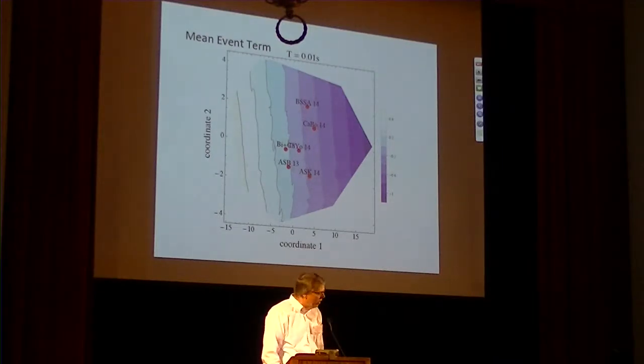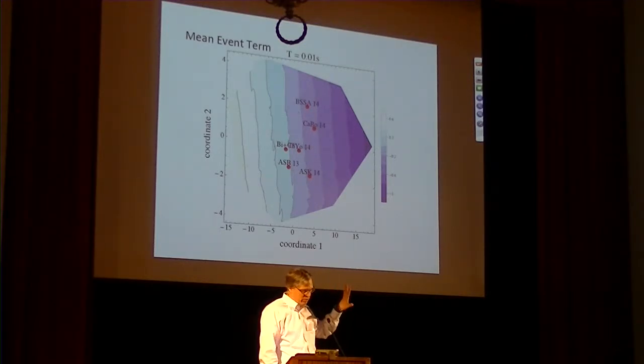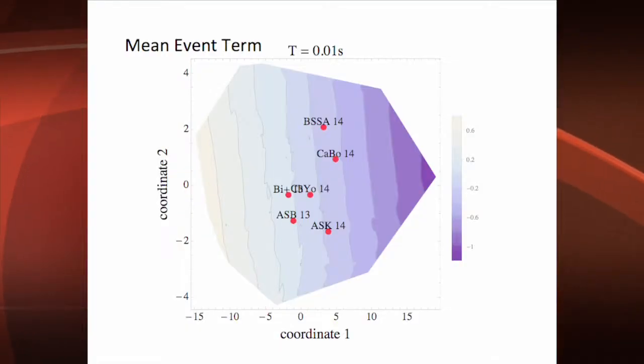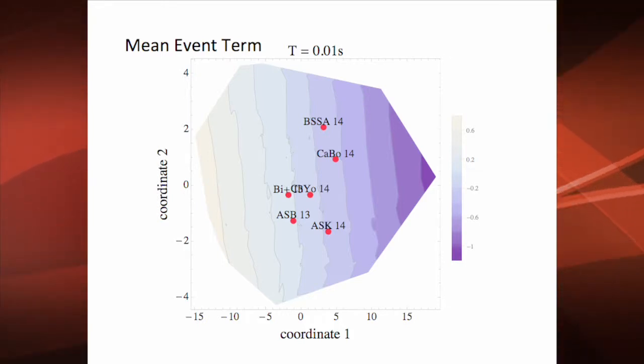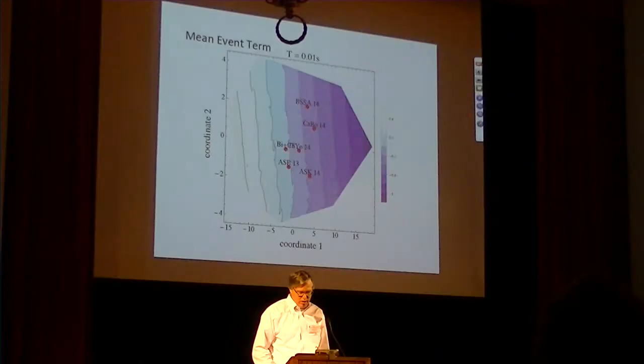The region outlined is what's sampled by the 1,000 realizations. The gray points aren't shown on here. What's shown as red points are the GMPEs, so I hope you can see them now: Boore, Campbell and Bozorgnia, Chiou and Youngs, Bindi, Akkar, and the ASK model.